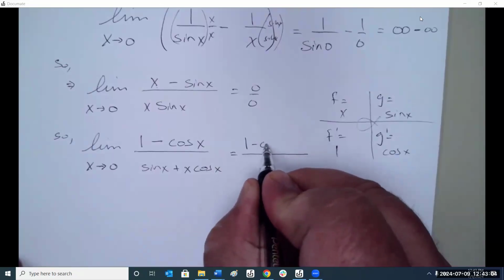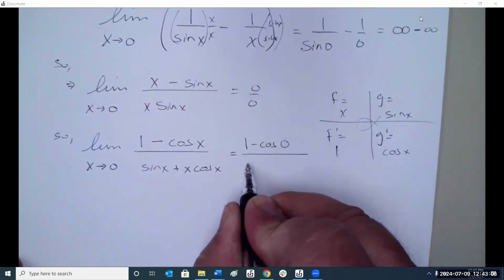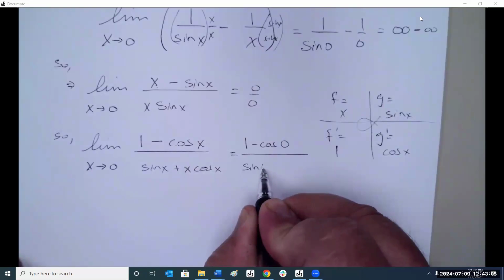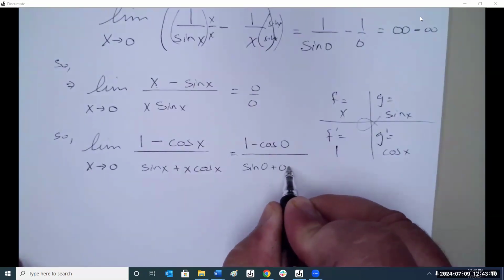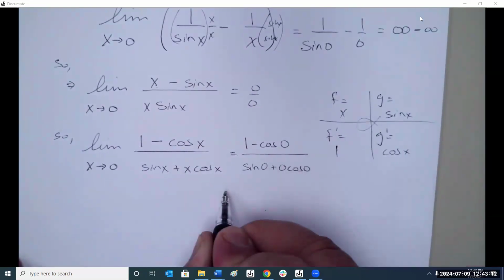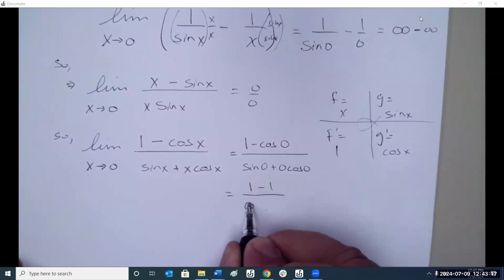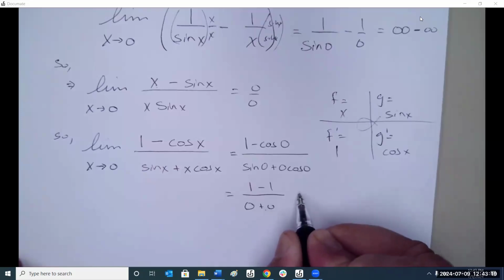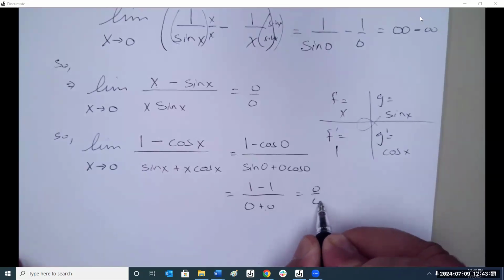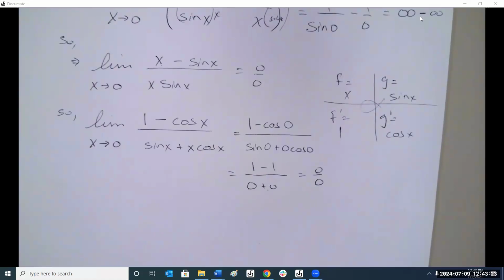Plug in our 0: cosine of 0, sine of 0 plus 0 cosine of 0. 1 minus 1, 0 plus 0. So we got 0 over 0 again.